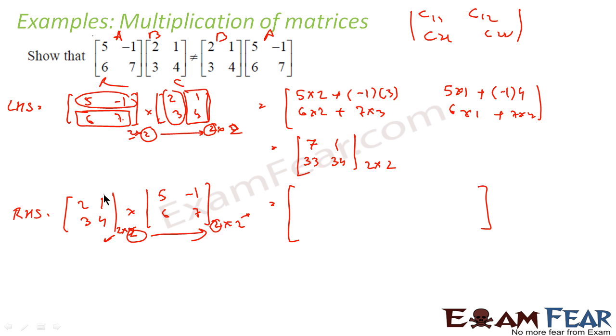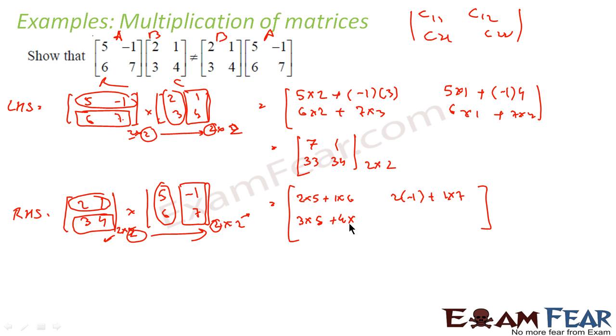C11, row of this, column of this, first row, first column. So that becomes 2 into 5 plus 1 into 6. The second one is C12, first row, second column, 2 into minus 1 plus 1 into 7. This one, second row, first column, 3 into 5 plus 4 into 6.